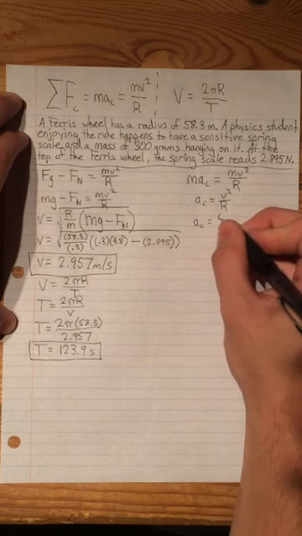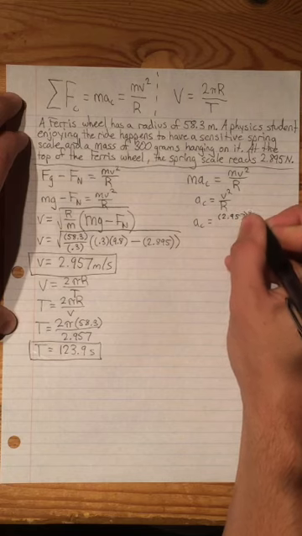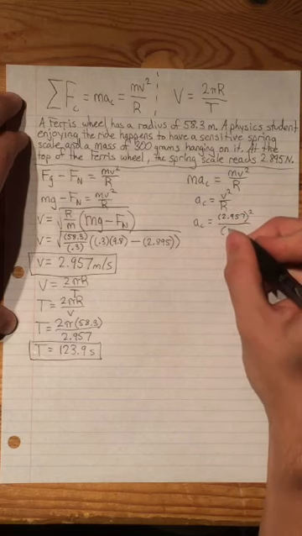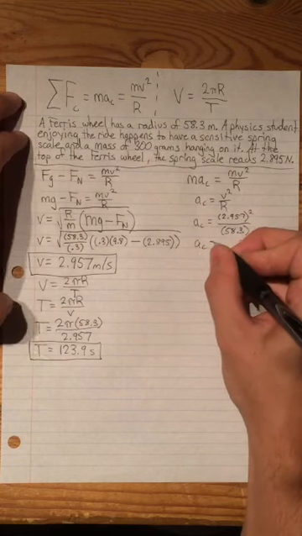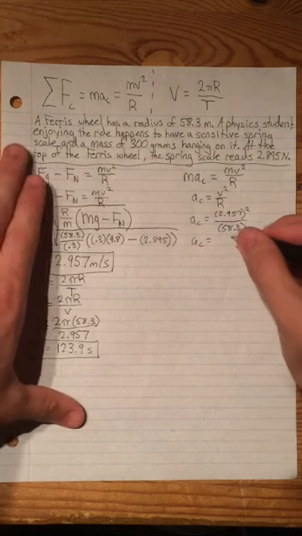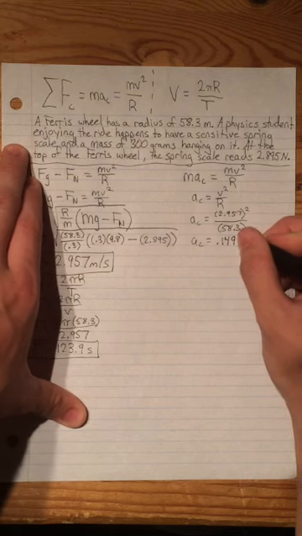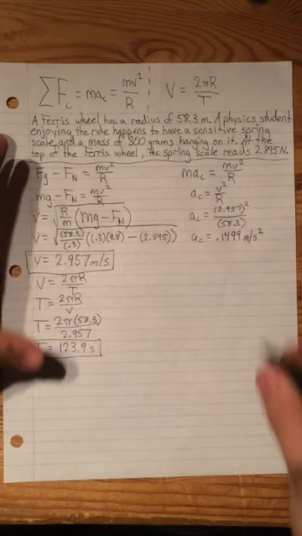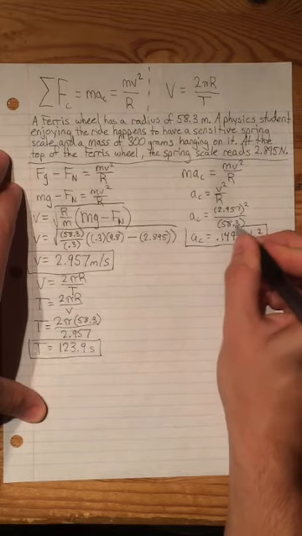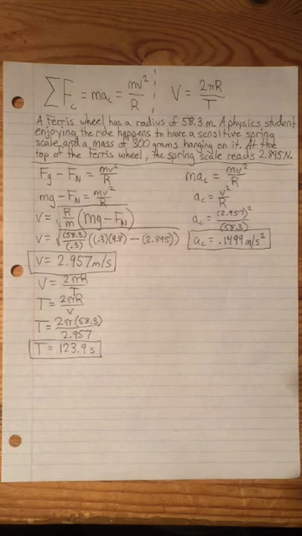And substitute in your numbers. And that's going to come out to 0.1499 meters per second squared. And that is your centripetal acceleration.